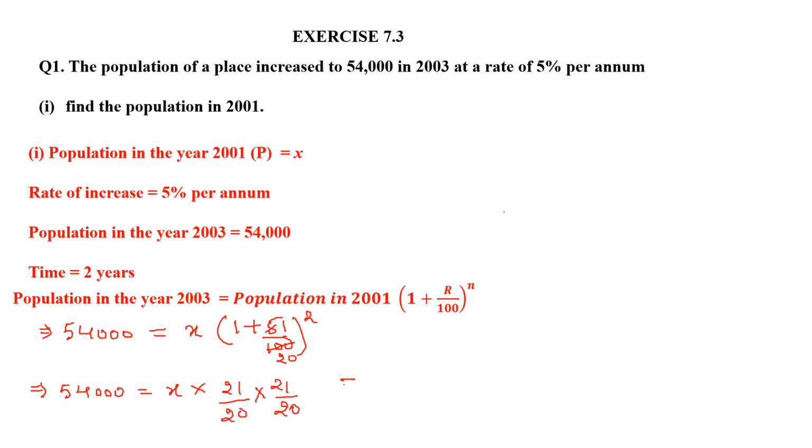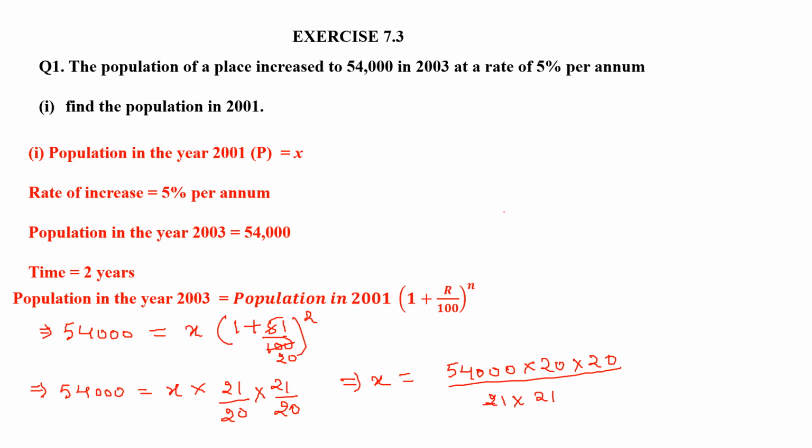Now to get the value of x, I am going to transpose everything to the left hand side. So it will become 54,000 into 20 into 20 divided by 21 into 21.